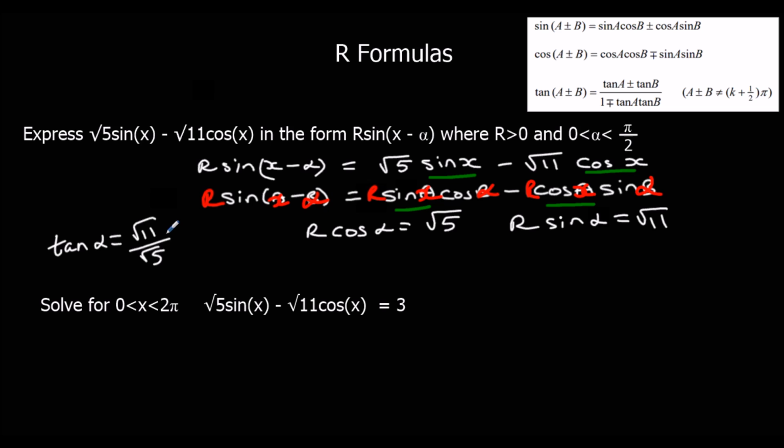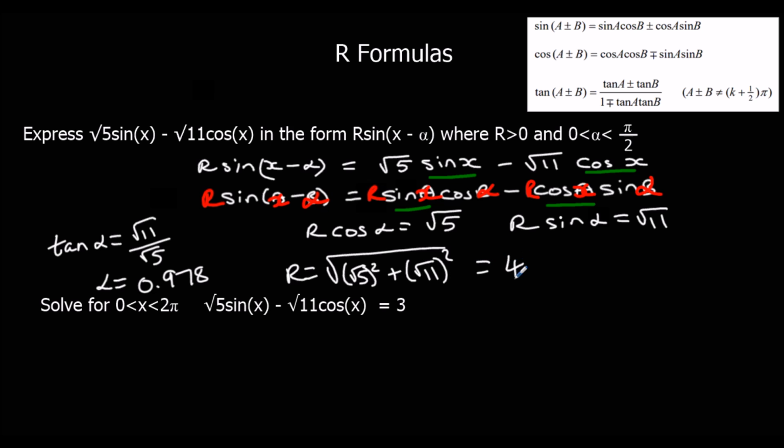So shift tan √11 over √5, and we get alpha as 0.978 to 3 significant figures. To find R, we're going to use Pythagoras. So the square root of √5 squared plus √11 squared, so √16, which is 4.